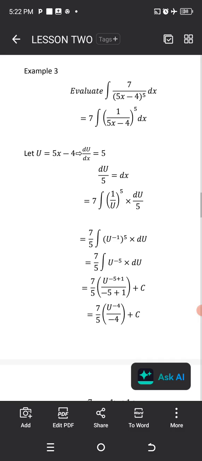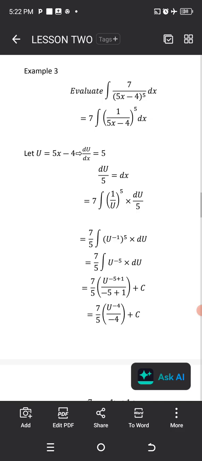So you know that after the substitution of a term, you can bring out 1 over 5 because it's a constant. That's why you have 7 over 5 integral of u raised to power minus 5, multiplied by du. We got that raised to power minus 5 from the law of indices, like I said before.